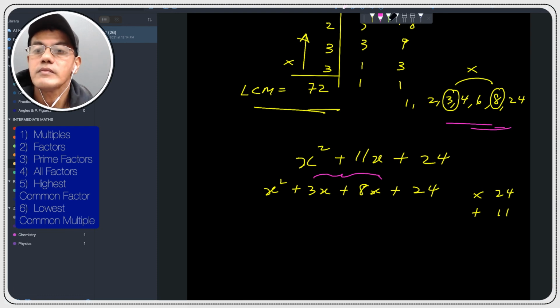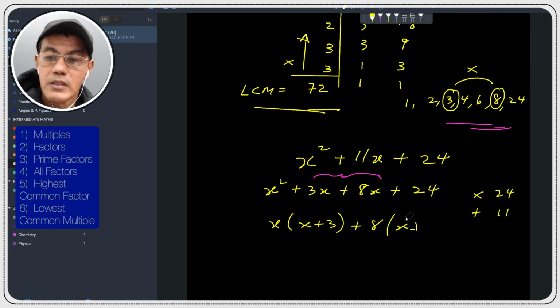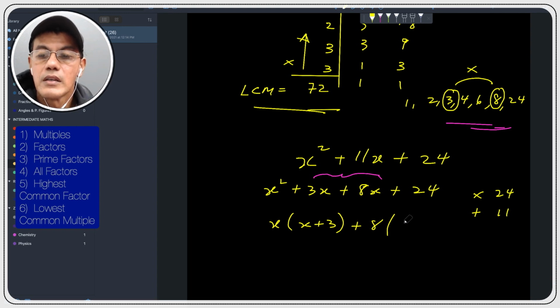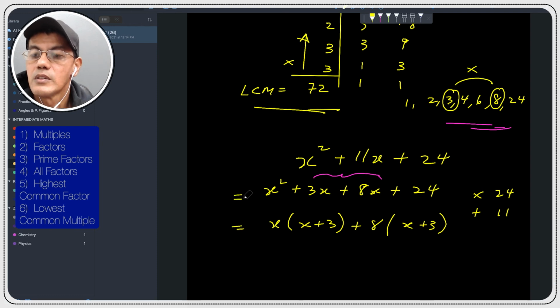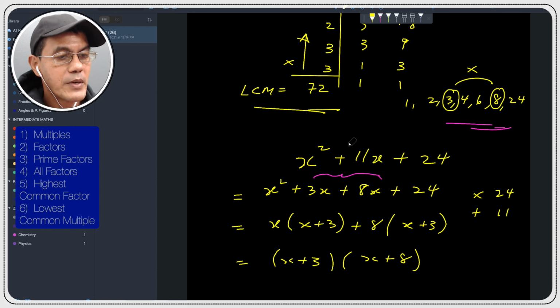All right, just for completeness, I will finish this off. x into x plus 3, plus 8 into x plus 3, and so this becomes x plus 3 into x plus 8.